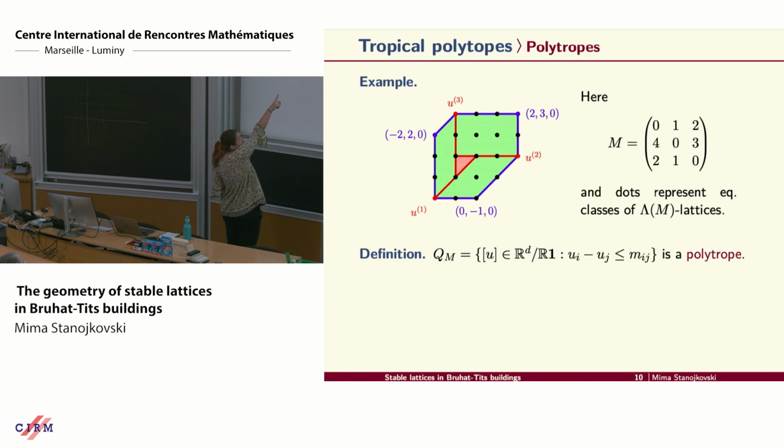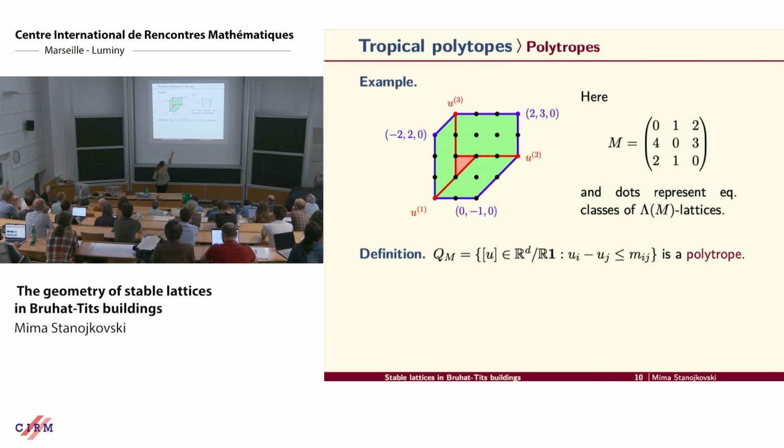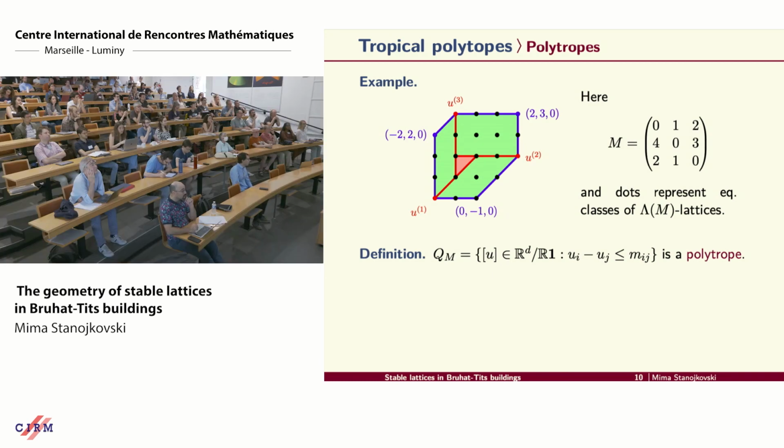So if we work in R^d modulo R times the all ones vector, which we can do because we're looking at homothety classes anyways, this is the natural setting for tropical geometry. And if we set those inequalities that we had for the determination of the stable lattices, what we get is something that is called a polytrope. So this is a polytope both in the language of tropical geometry and in the usual sense.